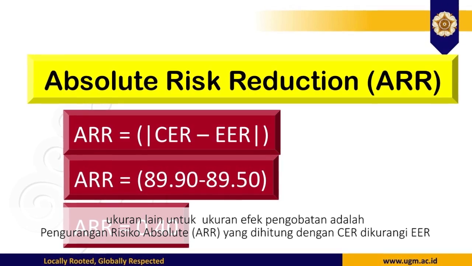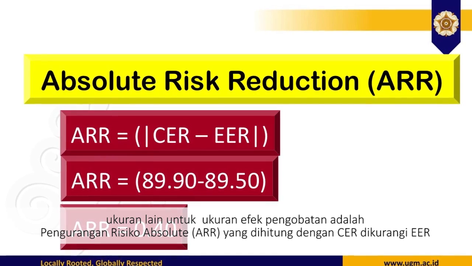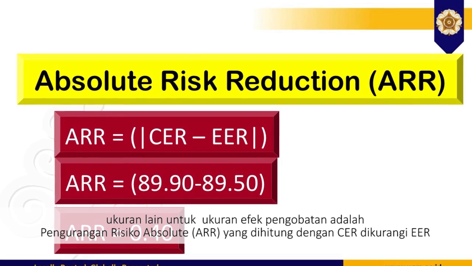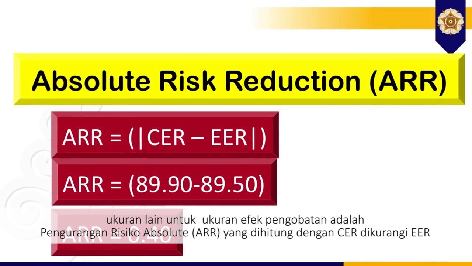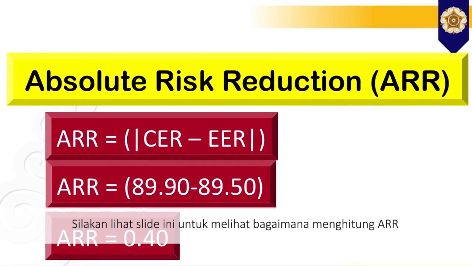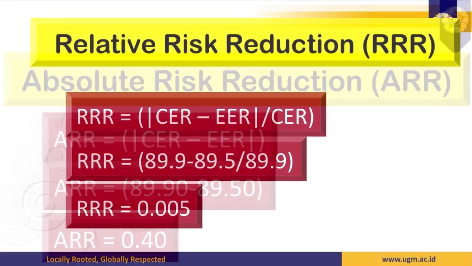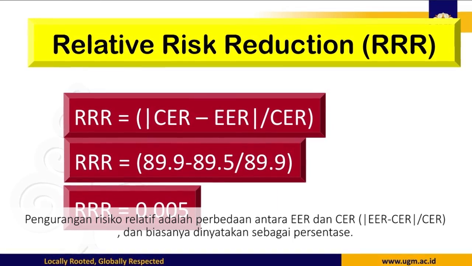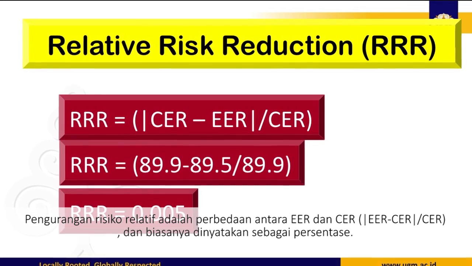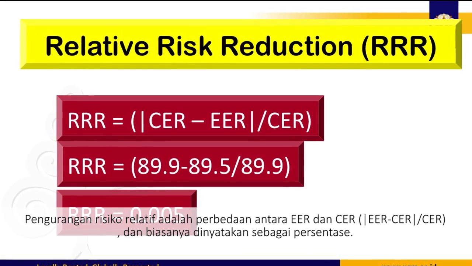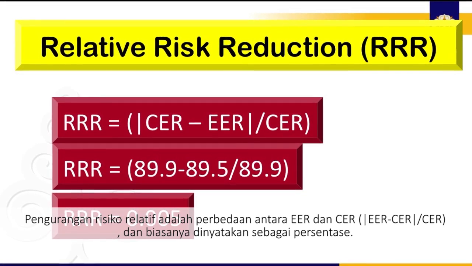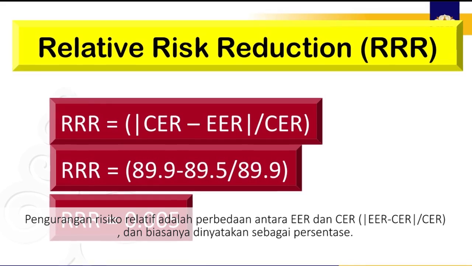Another measure of the size of the treatment effect is ARR, absolute risk reduction, which is calculated by CER minus EER. Please see this slide to know how to calculate the ARR. The relative risk reduction is the difference between EER and CER, or EER minus CER divided by the CER, and usually expressed as a percentage.